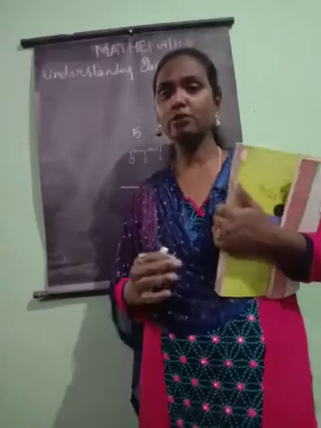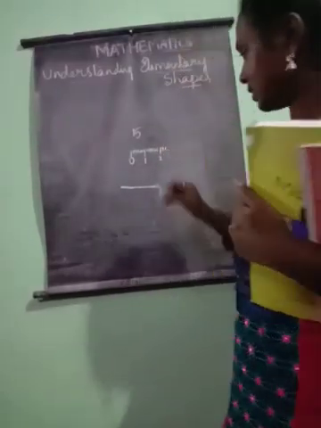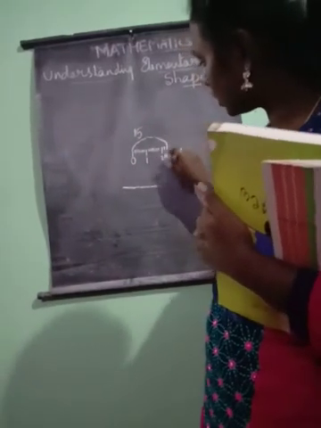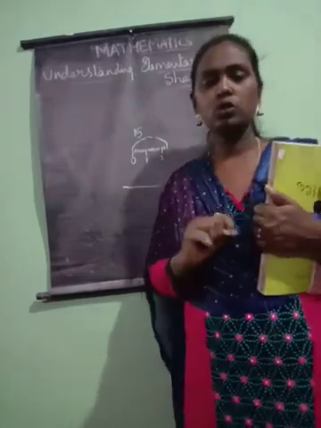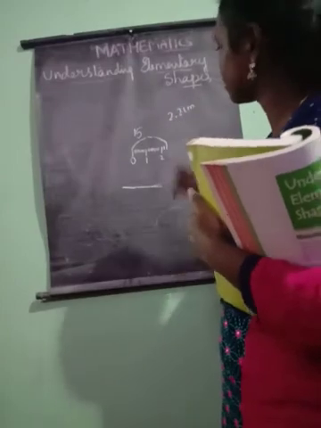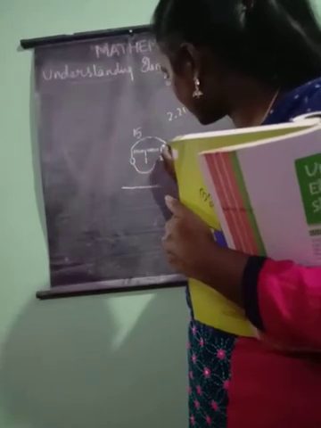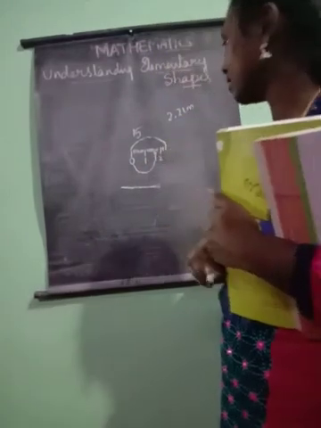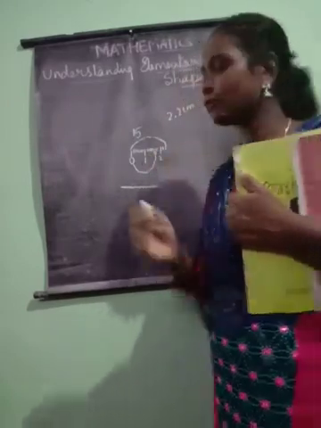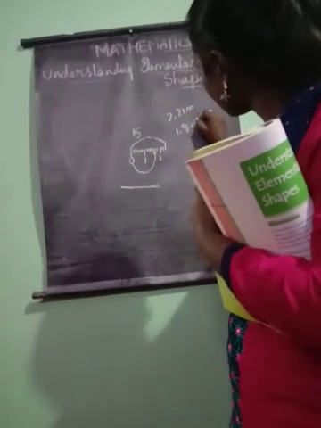But we have to be careful: if the line ends after 2, it is not at 2, so I should mention 2.2 centimeters. For example, from 0 to here, I need to count these small lines and measure, so I got 1.8 centimeters.